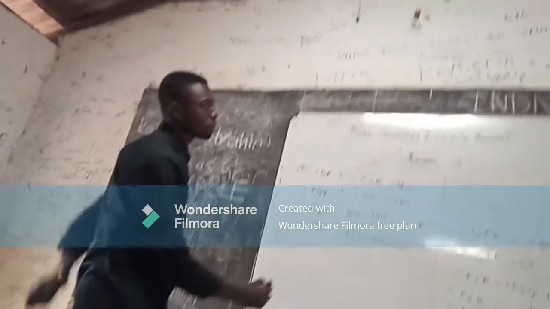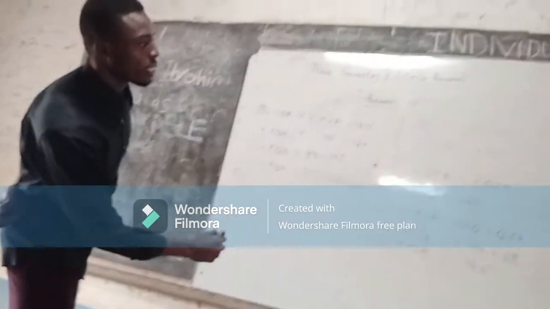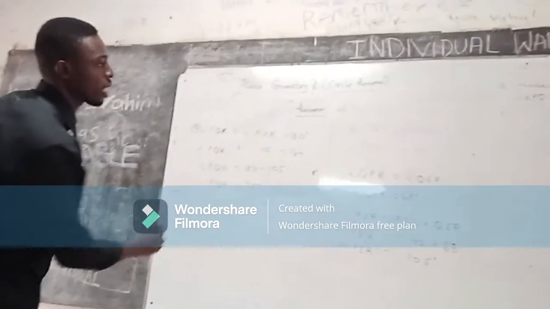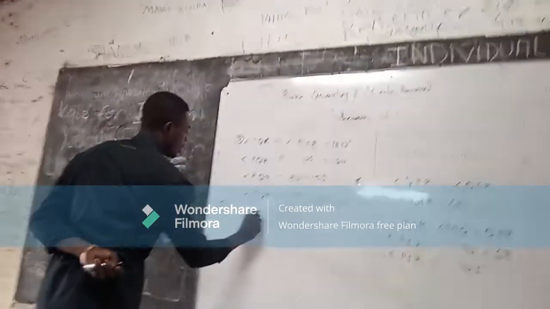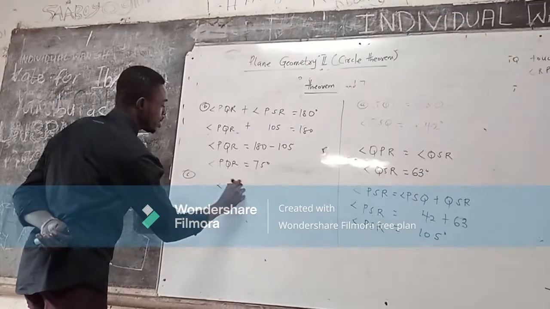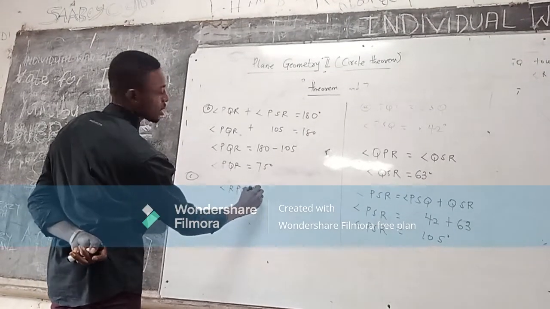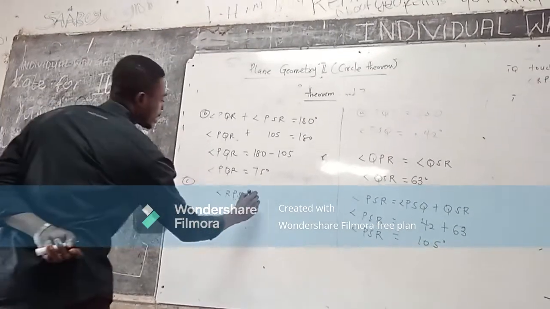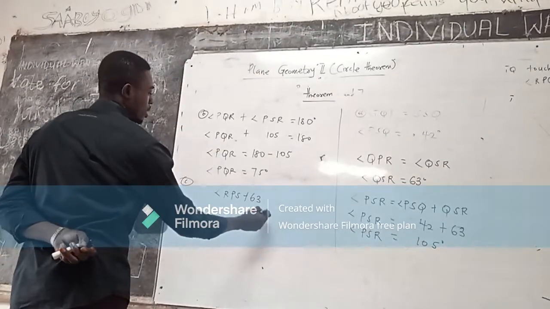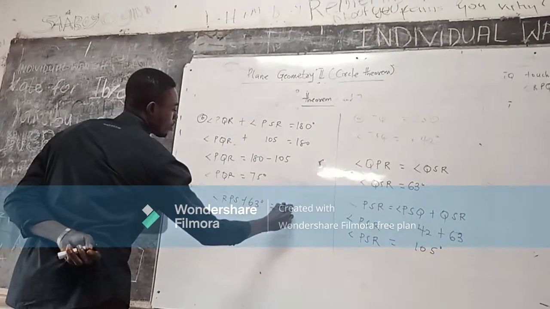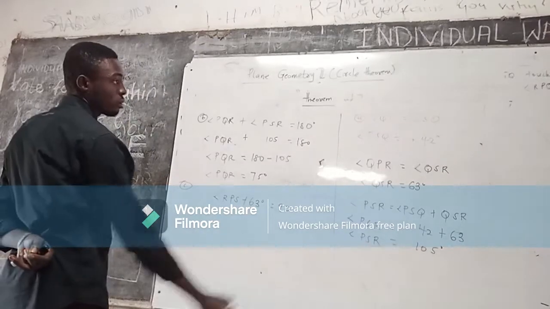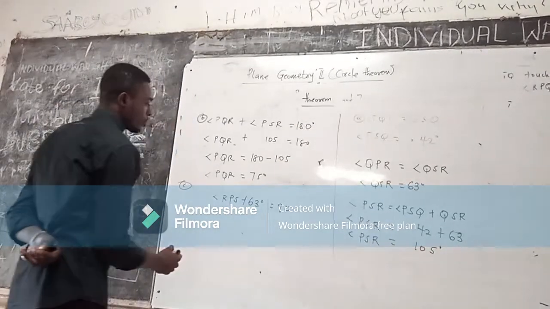So if it's 90, it means that when you subtract this one from this, you get the angle that is formed here. So they were asking us to find angle RPS, which when you add the 63 to it, you have to get equal to 90, because we have the diameter.